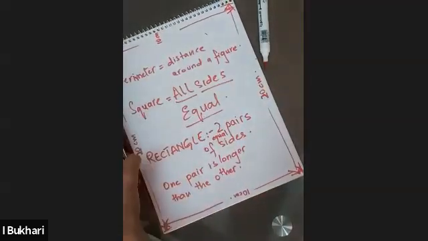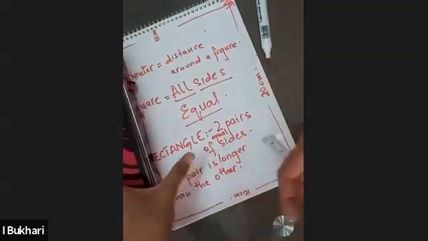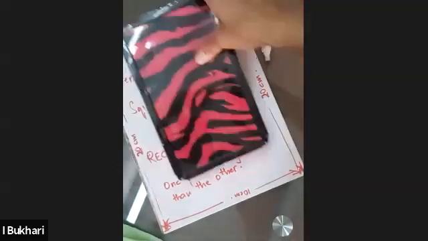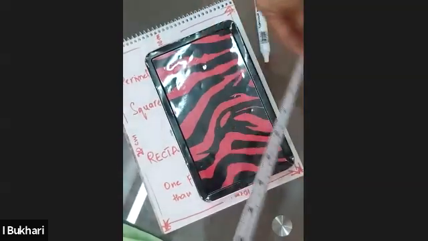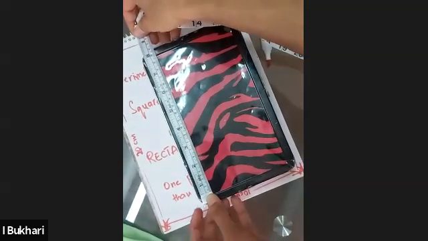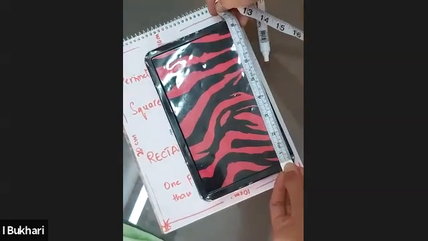Right? Okay. Now, which one should be the length? Length is always the pair which is longer. So the longer side will be the length, which is this 8. Okay, remember that.